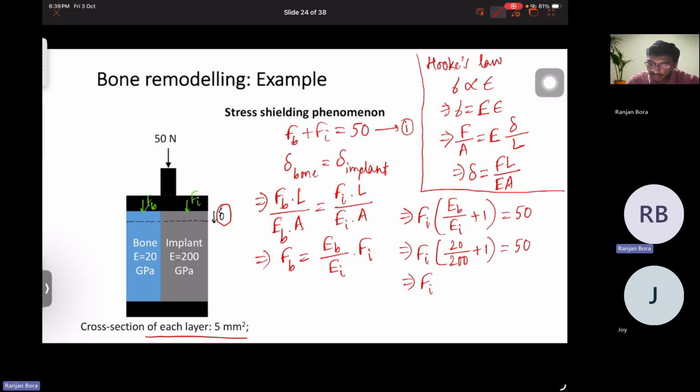So if we do this calculation, we'll get Fi as 45.4 Newton. Okay. So using equation 1, we can find FB, which will be 50 minus 45.4, which will be 4.6 Newton.